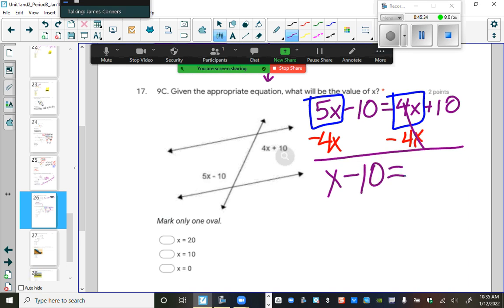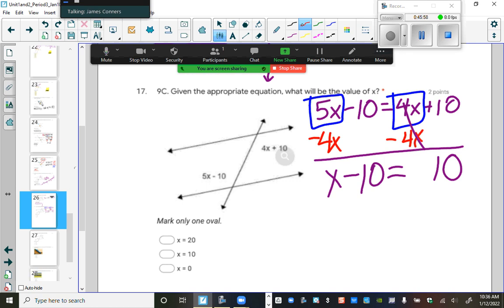X minus 10 is positive 10, or just plus 10, or 10. Well, you can put the plus sign. You don't need it. You can have it. Now here's the next part. Here's where some of us made a major mistake. What's the opposite of minus 10?